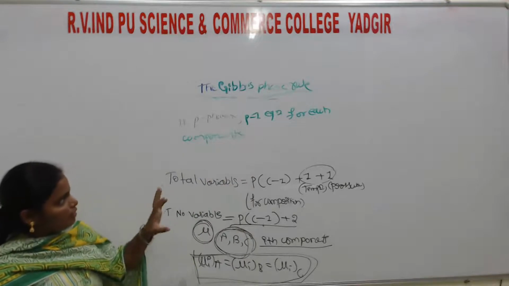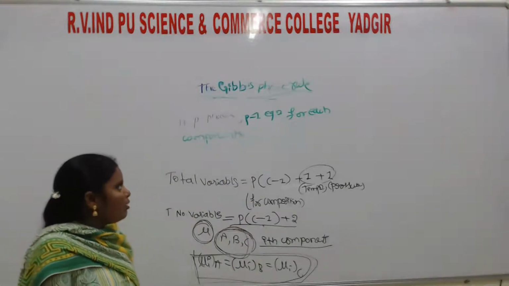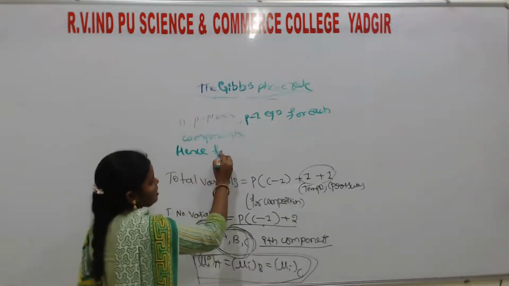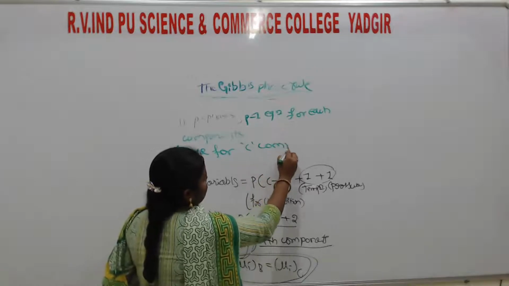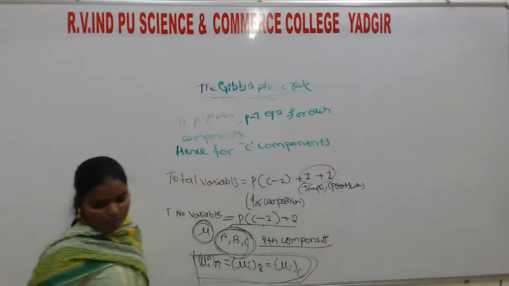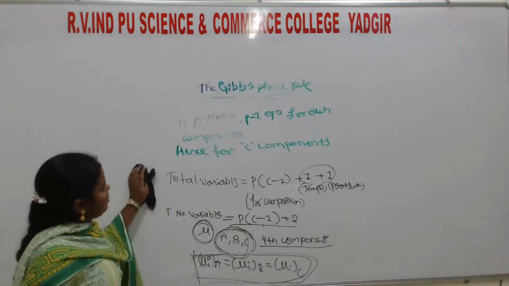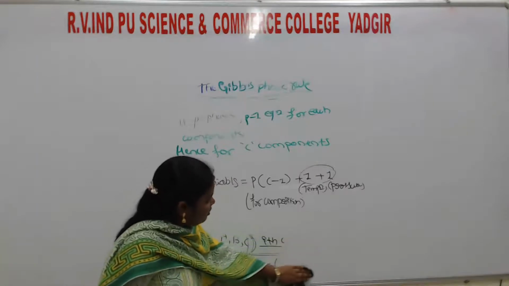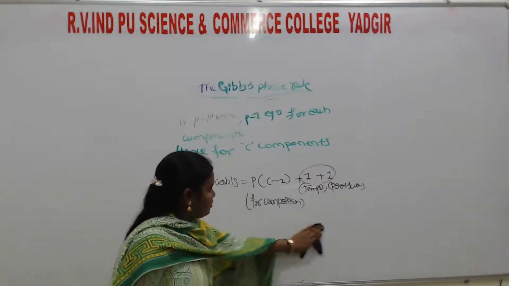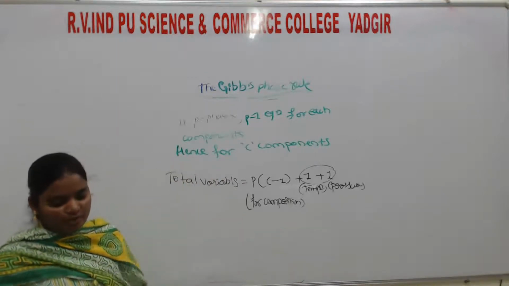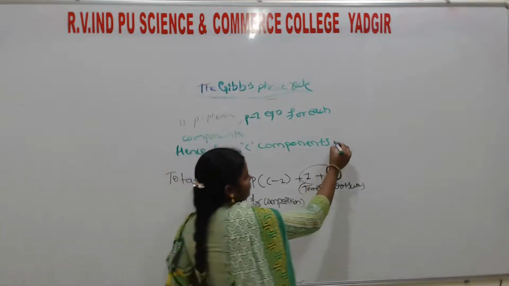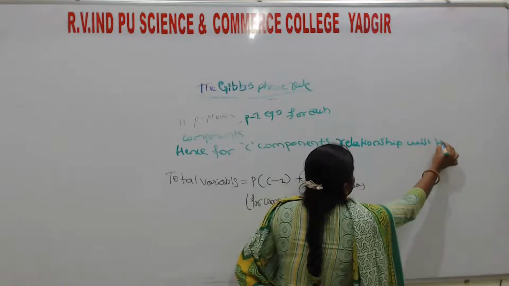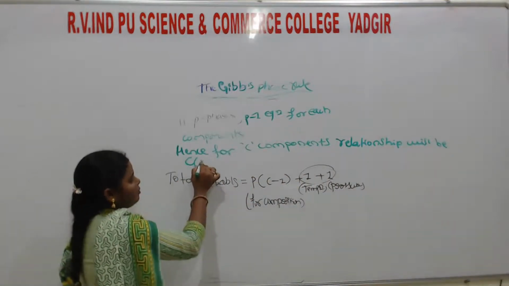Hence, for C components, the relationship will be C into (P minus 1).